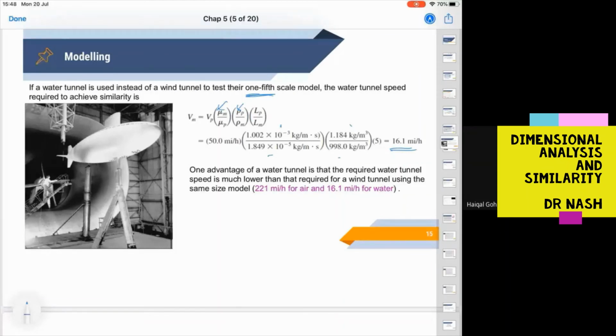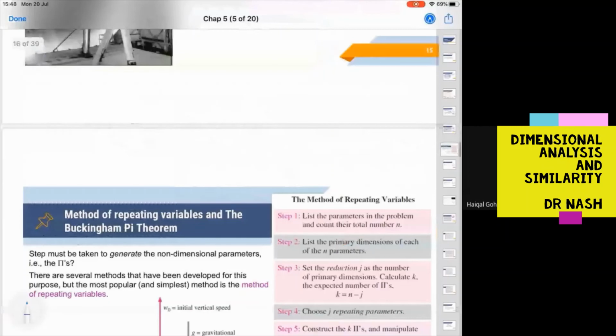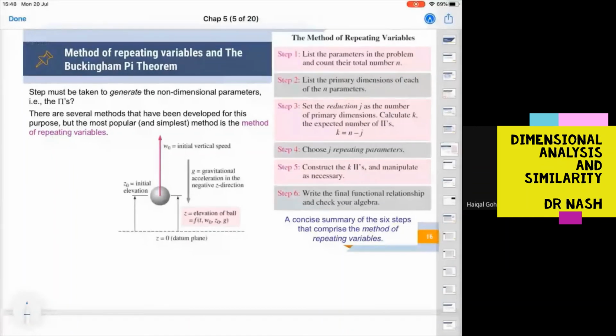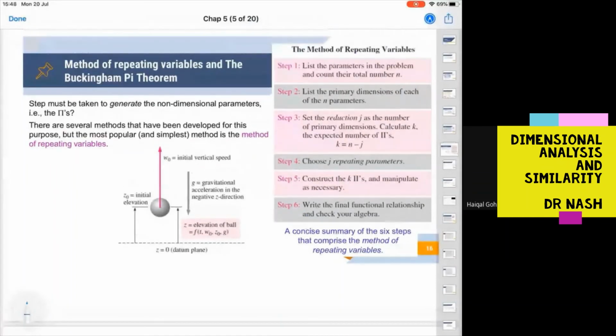And lastly, not lastly, this one is quite long. I hope to see you again tomorrow to discuss this, but I will introduce a little bit more. This is method of repeating variables. Remember I introduced you pi, and pi1 is dependent variable, pi2, 3, and even k is independent.